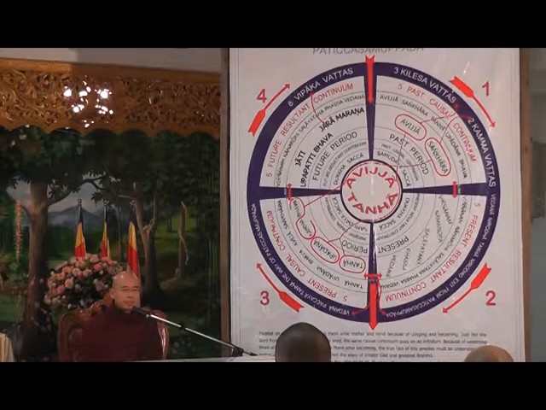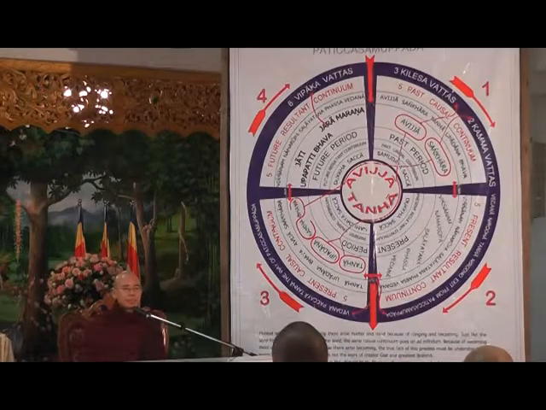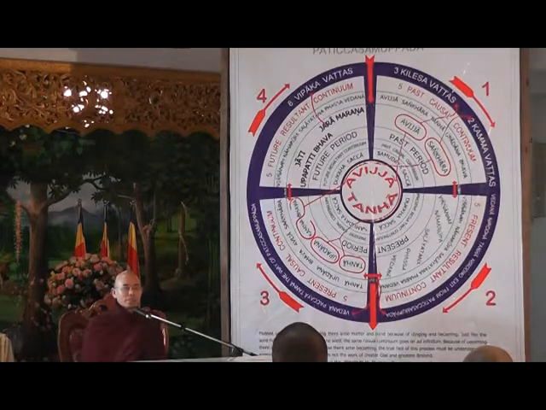Also, the Four Noble Truths are cause and effect only. The Noble Truth of suffering, the Noble Truth of the cause of suffering, the Noble Truth of cessation, the Noble Truth of the way leading to the cessation of suffering. The first, suffering. The second, the cause of suffering. The third, cessation. The fourth, the way leading to the cessation of suffering, means the cause of cessation.